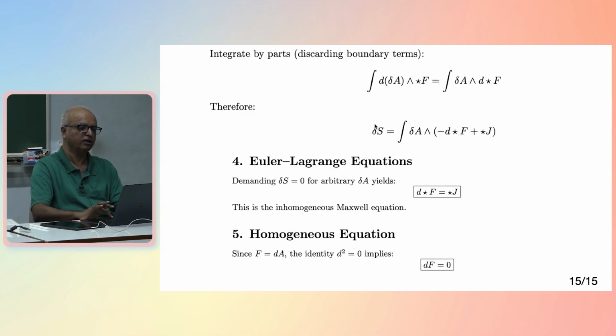Right, integrate by parts discarding boundary terms. So d delta A wedge star f, basically you transfer the derivative from delta A to star f, and this is what the variation looks like. Put together the variation for the matter part.